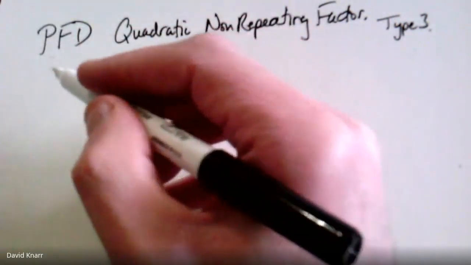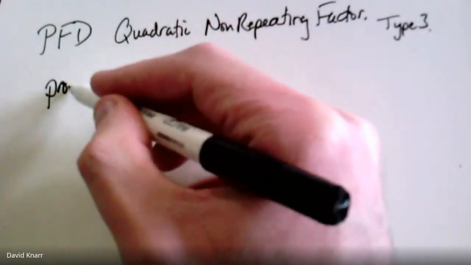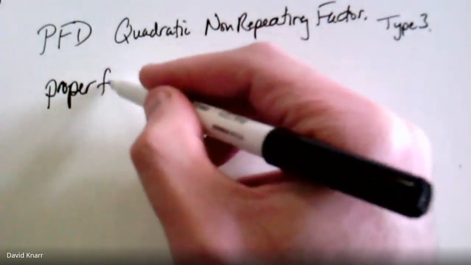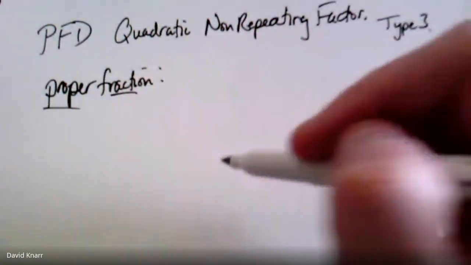So the first thing we need to do to talk about type 3 PFD is to go back to a definition that we used back in the first video, which is the definition of a proper fraction.